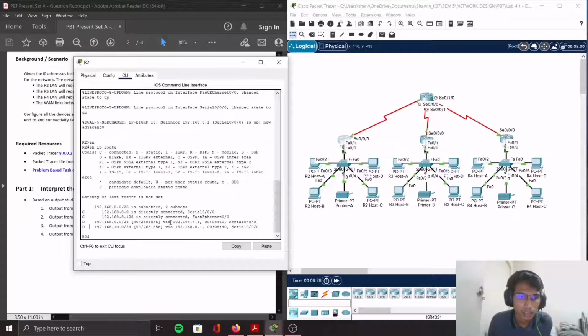You can see what IP address it uses to get EIGRP information, and which interface it uses in R2.